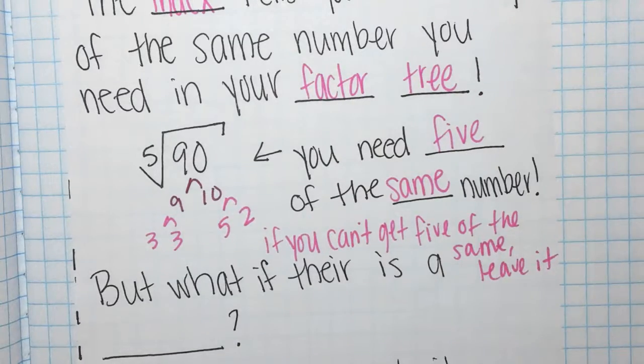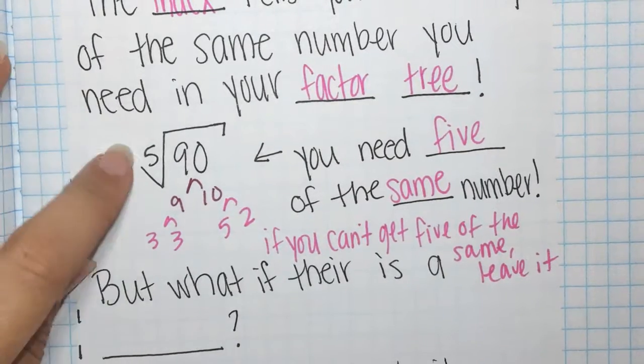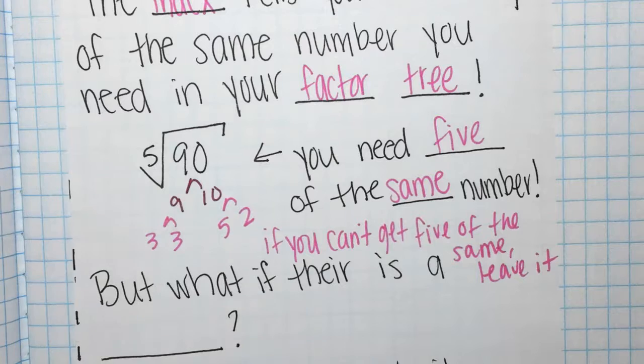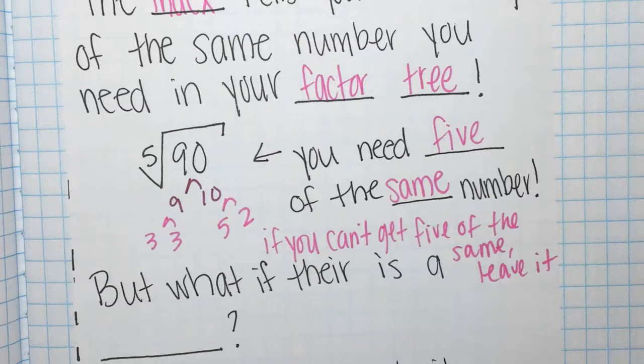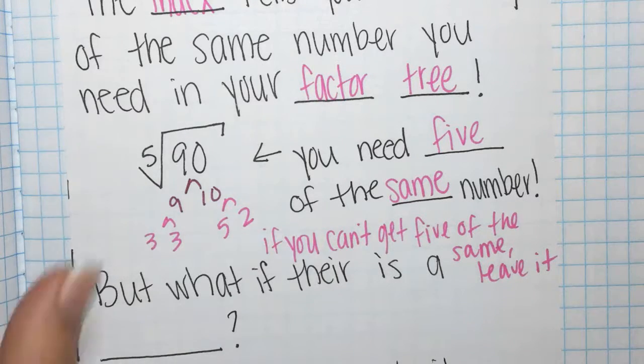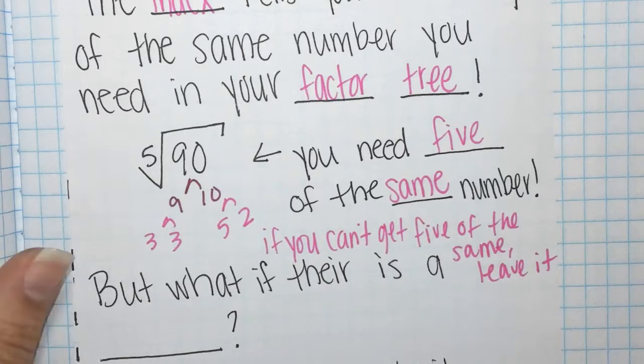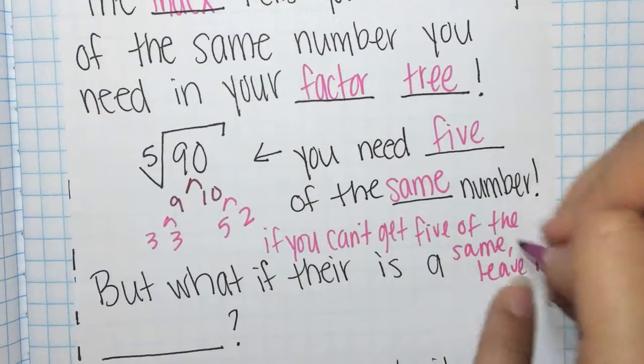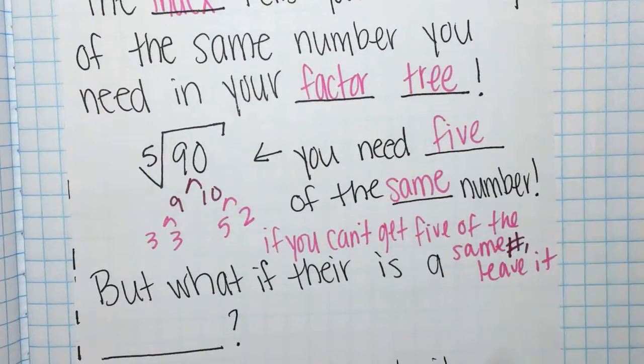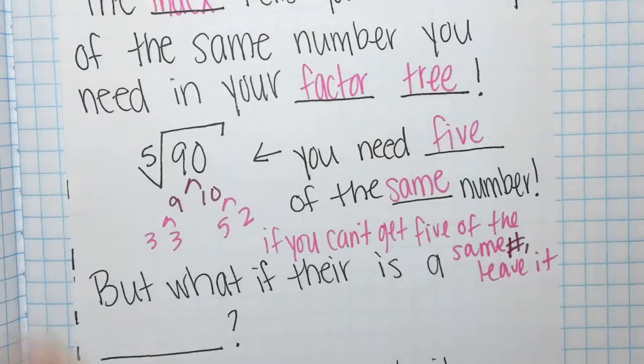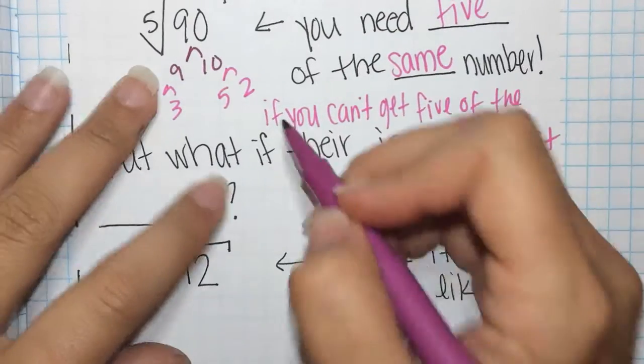It's easy to confuse that because you did 18 times 5 and you're like, well, I got a 5. That's what it is right there in the index. But it's because you need the same thing over and over. And 18 times 18 times 18 times 18 times 18 would be giant. Awesome. All right. 5 of the same number, leave it. If you can't get 5 of the same number, leave it.